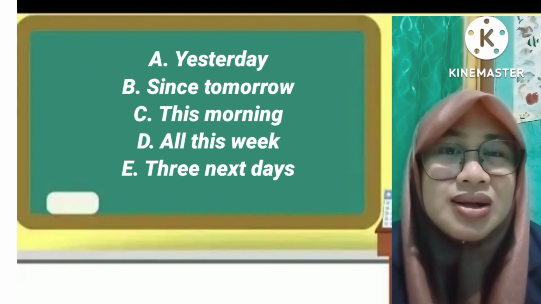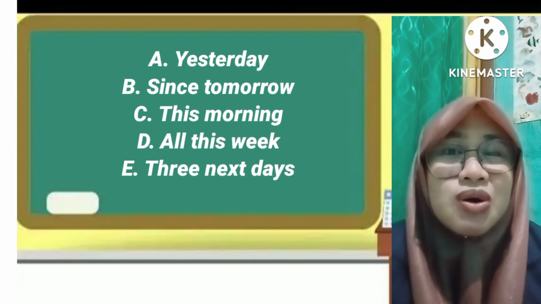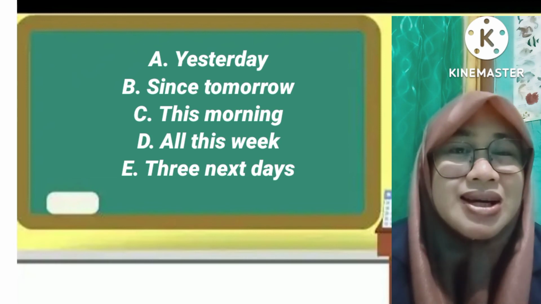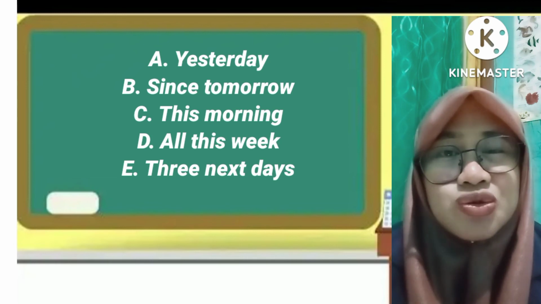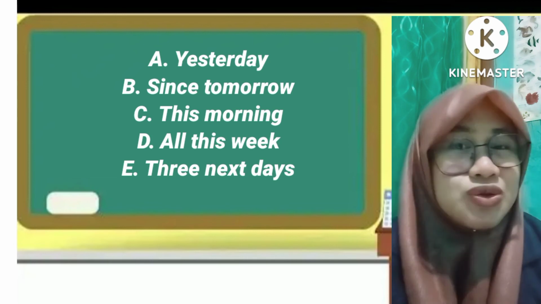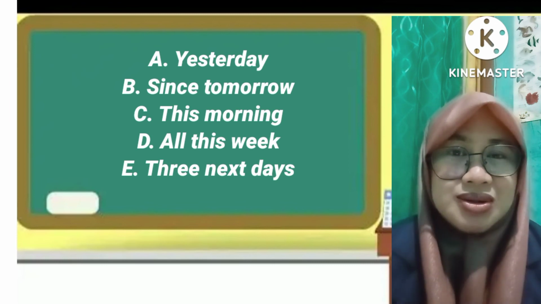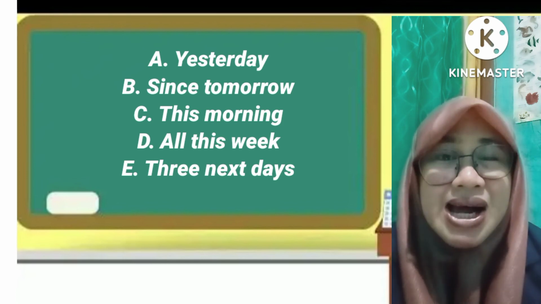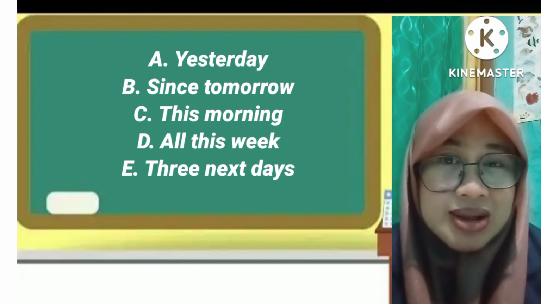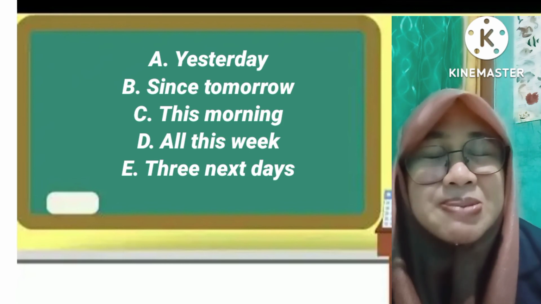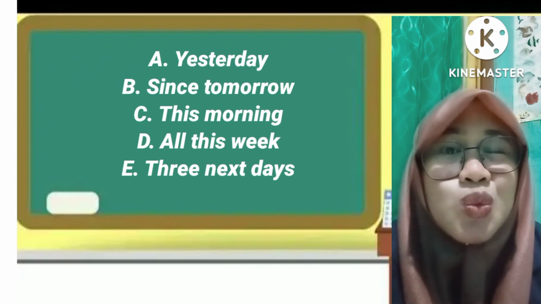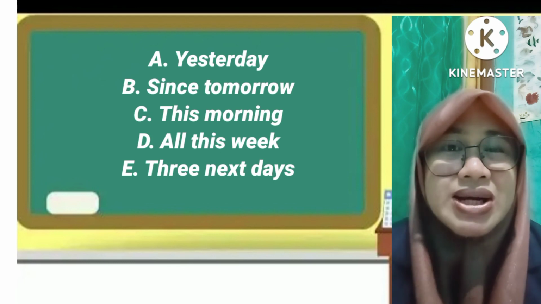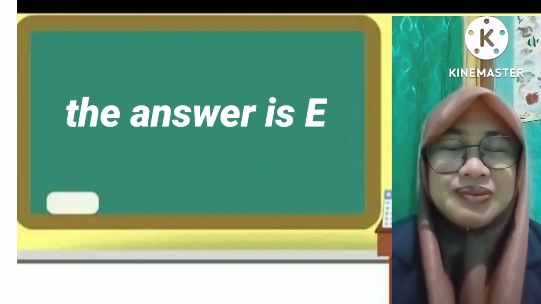The use of tomorrow and then later or next, later, the day after tomorrow. While yesterday is used for the simple past, since for the present perfect, this morning for the simple past, and all this week for the present perfect continuous. So the answer is E.